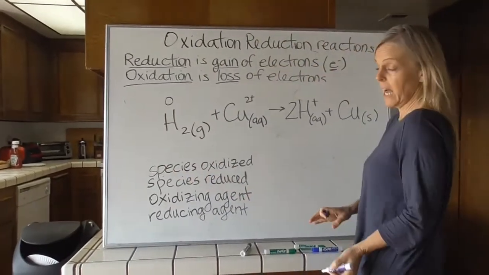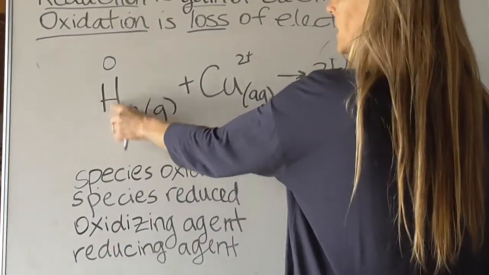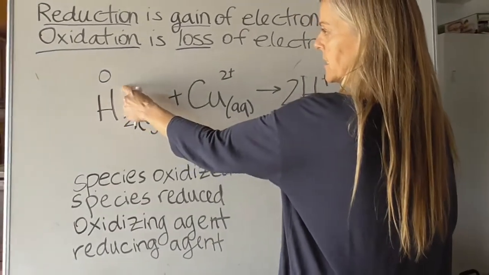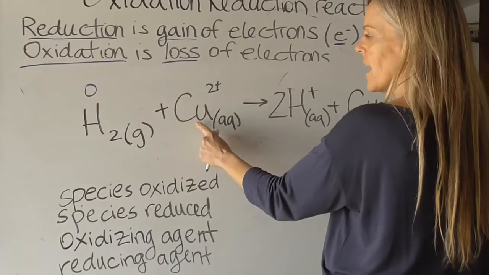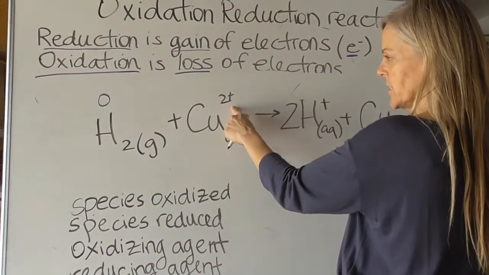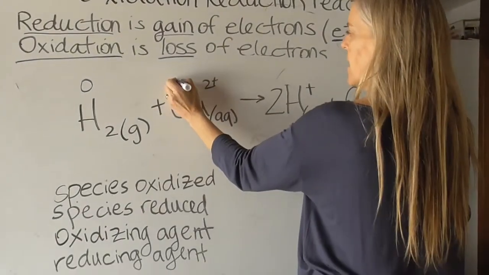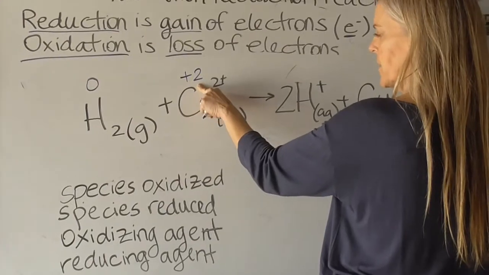Okay, so what you should have gotten was hydrogen by itself, no charge, 0 oxidation number. When you have an ion, that ion's charge is the same as the oxidation number.